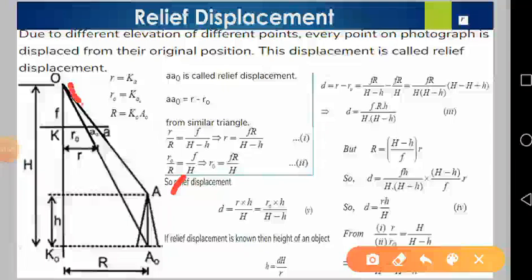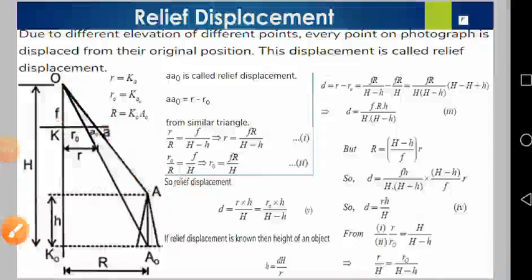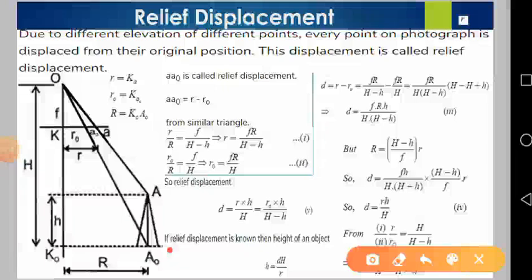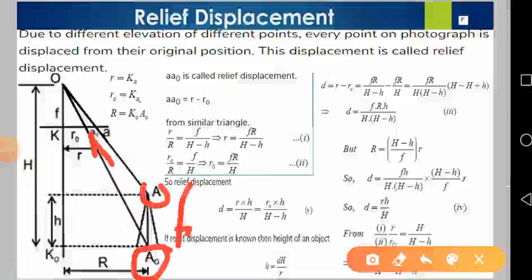You can visualize this particular ray. This is the photograph, and this is the particular point a, which resembles the topmost point capital A of the tower. The corresponding bottom point A naught, which is located vertically beneath the point A, finds its image position on the photograph at a naught.